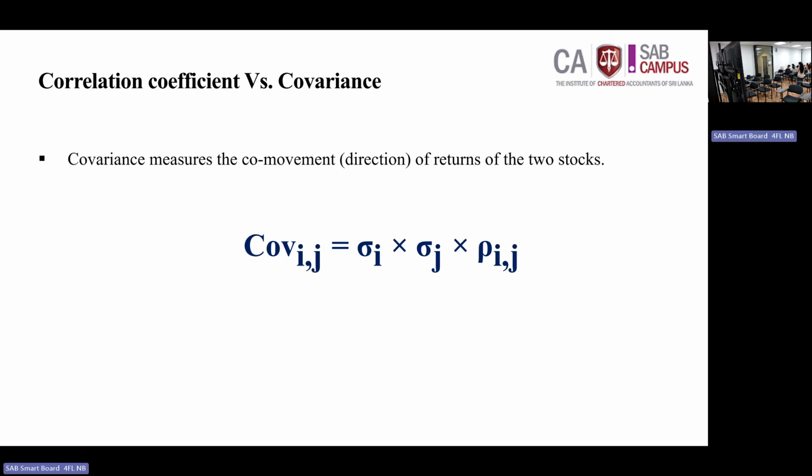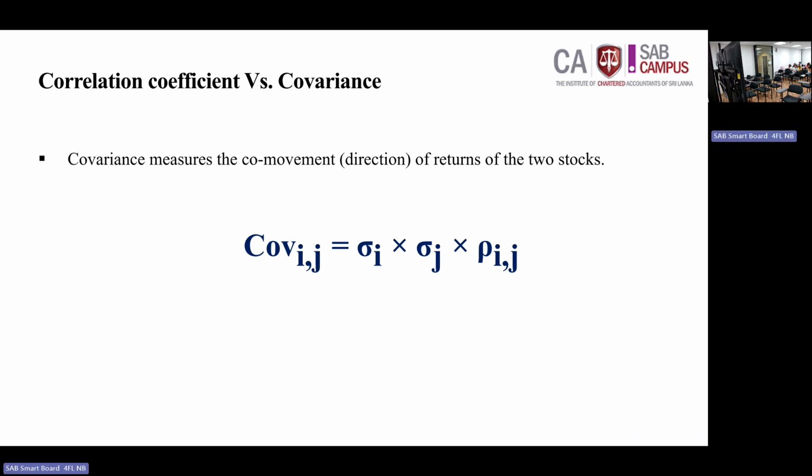Write down the basic formula to calculate the portfolio risk. What is the formula? How many components are there? Three components. What are the three components?